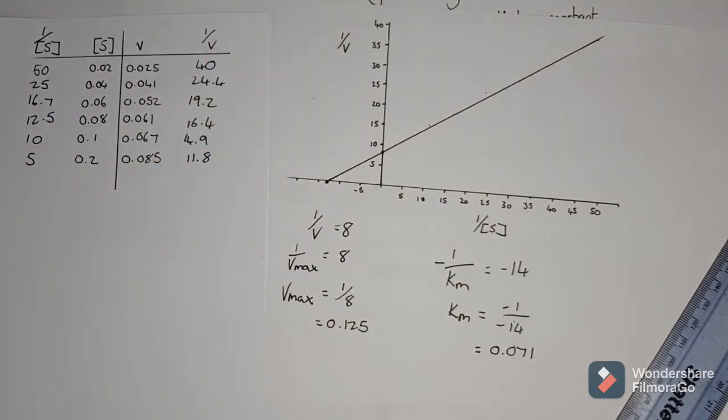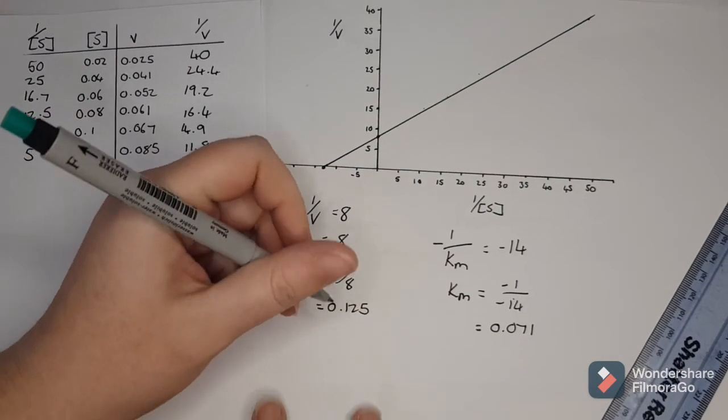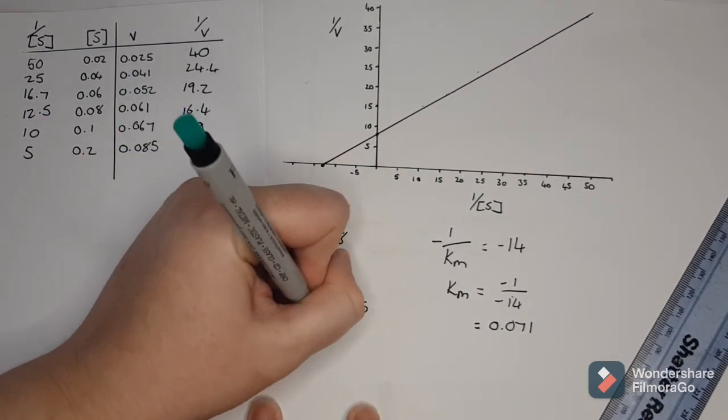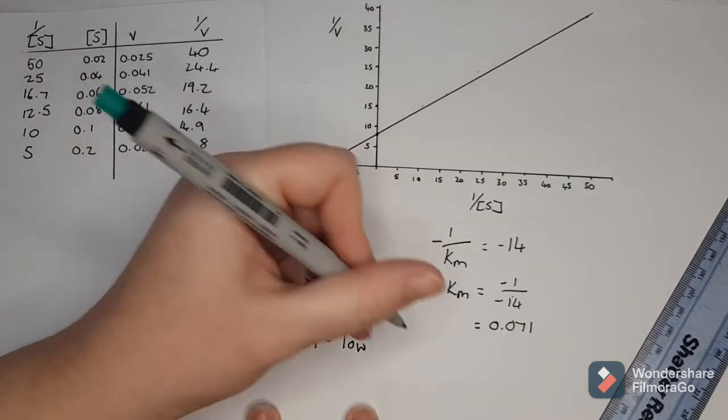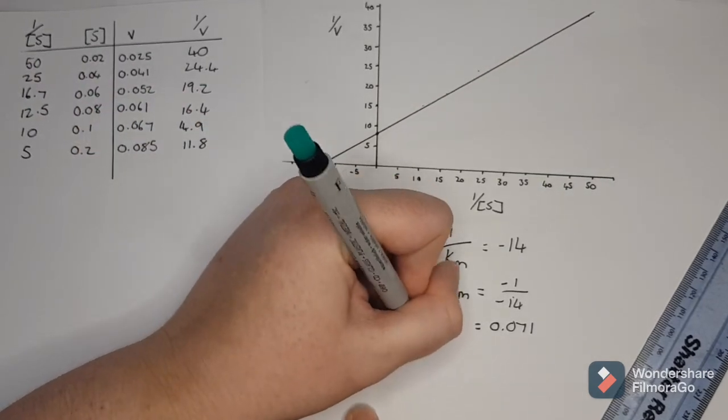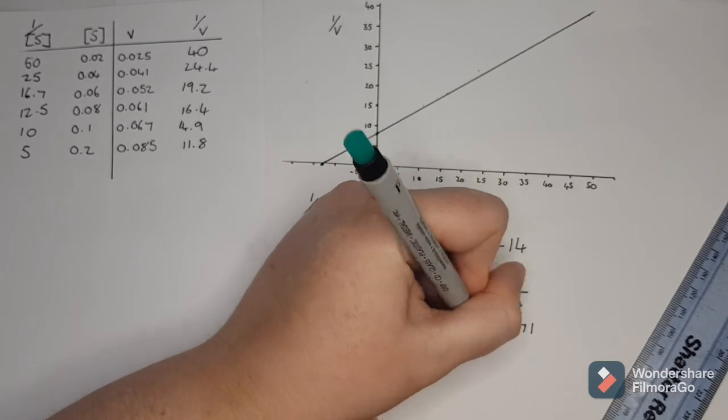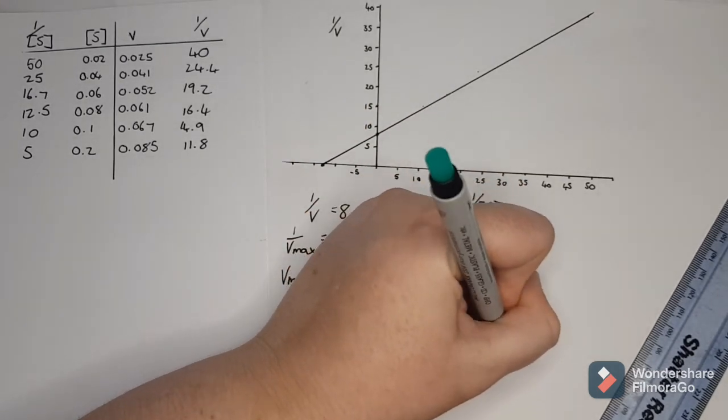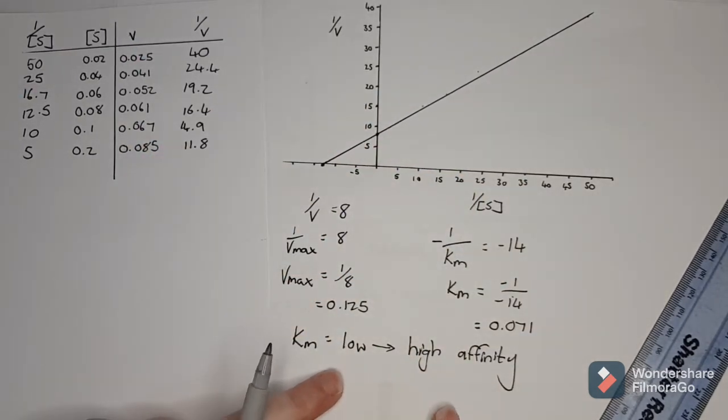And the whole point of getting your Km value is because we want to see what the enzyme affinity is. So when Km is low, that means it has a high affinity, because there's a very quick reaction taking place, so the enzyme and the substrate bind to each other very easily.